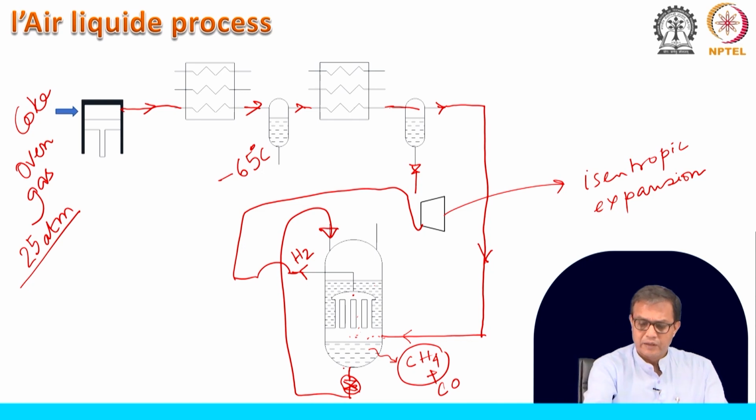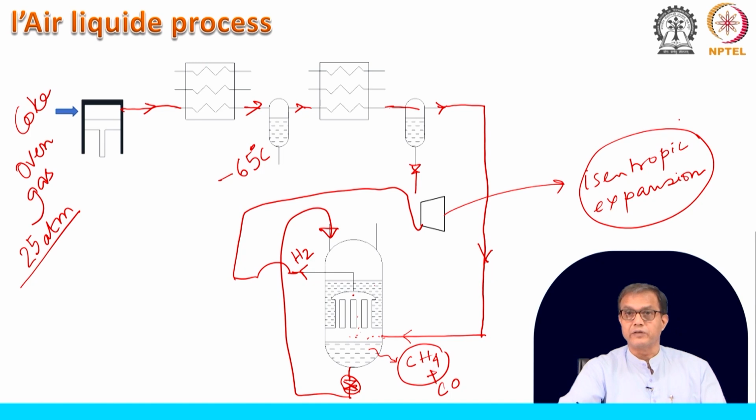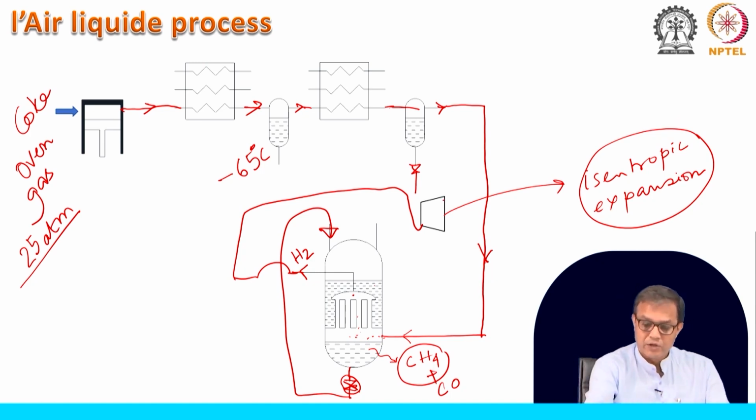But there are certain advantages of expanding with the isentropic expansion, particularly for gases like hydrogen. So, this gas will be expanded and when it comes out, it will be at nearly about minus 205 degrees centigrade.